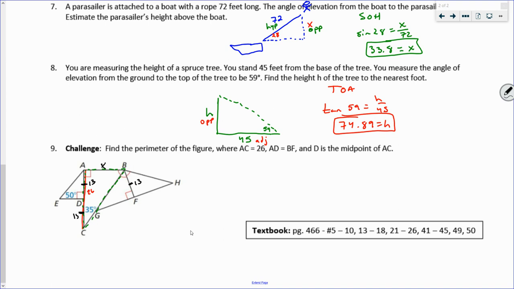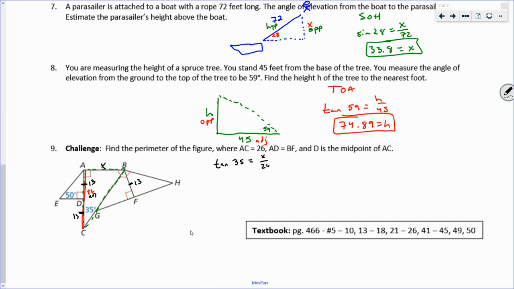So if this 26 is adjacent and this x is opposite of 35, I'm going to go tan of 35 equals opposite over adjacent. So I go tan of 35 times 26.